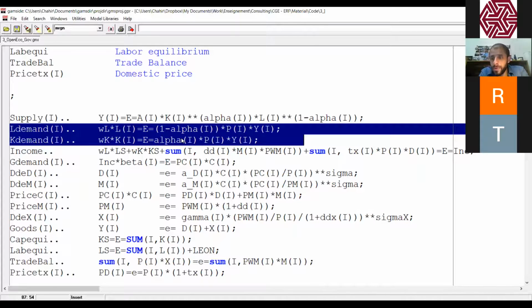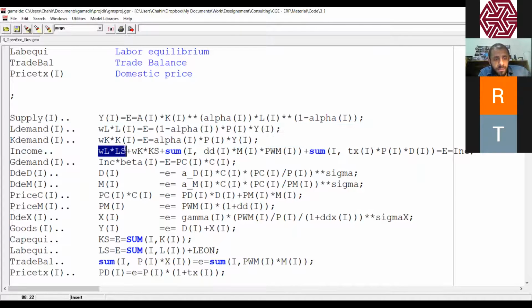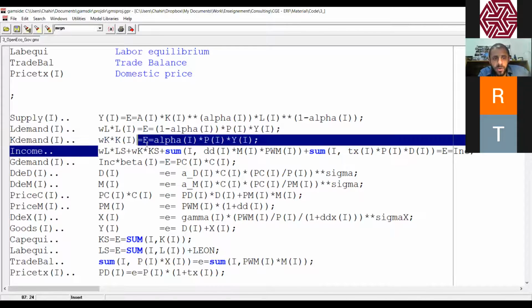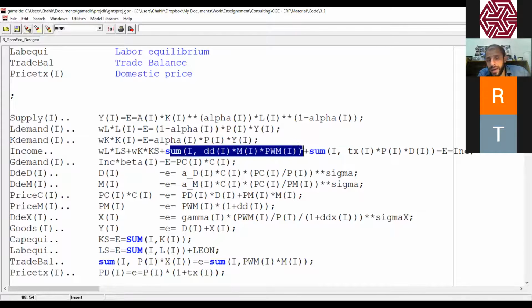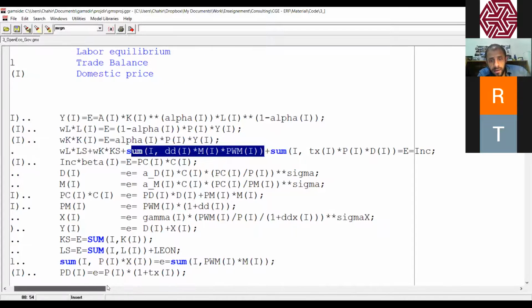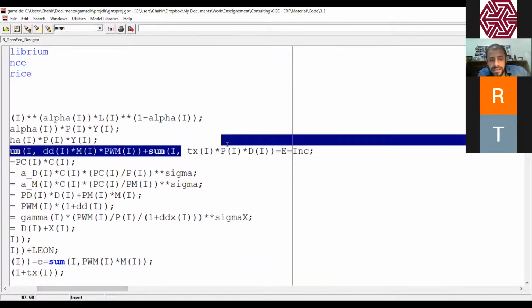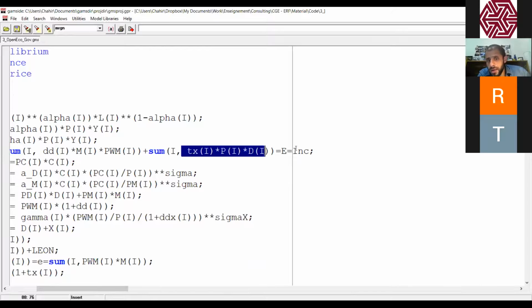And all this represents the income of our representative agent that will be later allocated to the consumption of different goods. And that's why here we have income. So WL multiplied by LS, WK multiplied by KS, plus the sum of the customs duties that we get from the value of imports, plus the value of taxes that comes from domestic goods. And all this is equal to income.